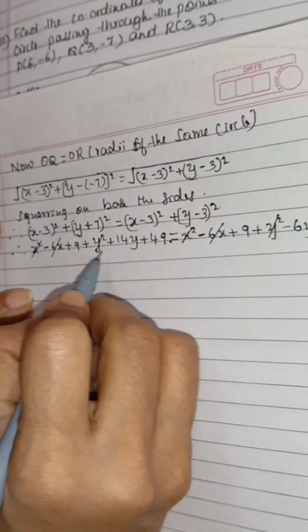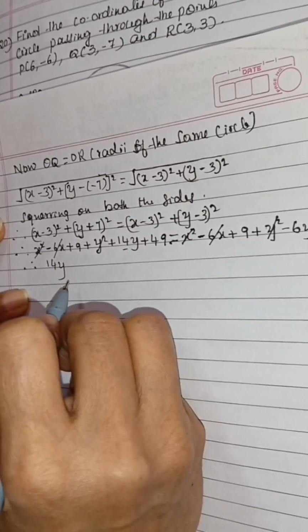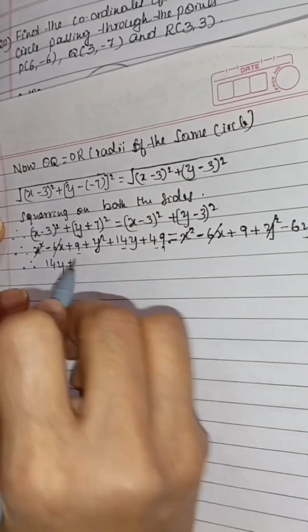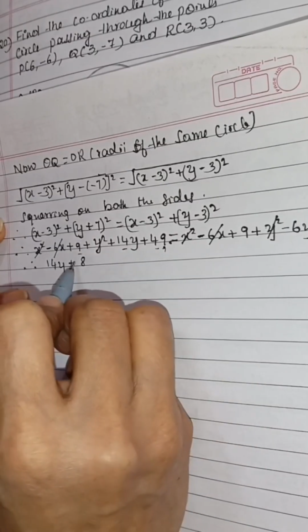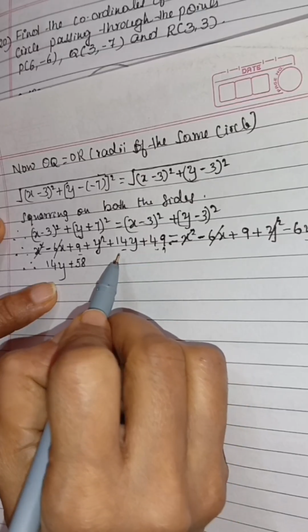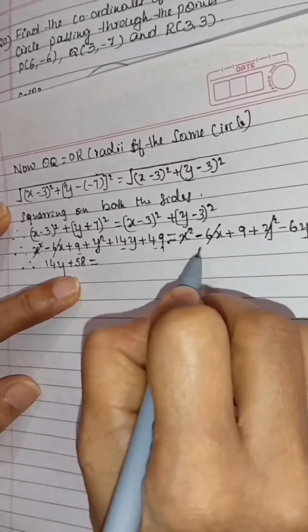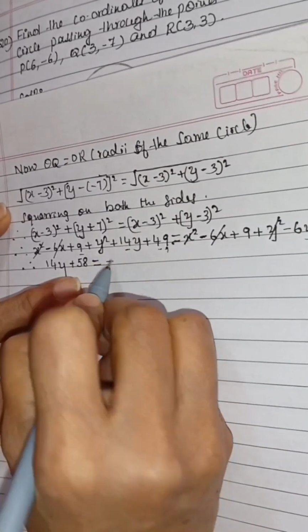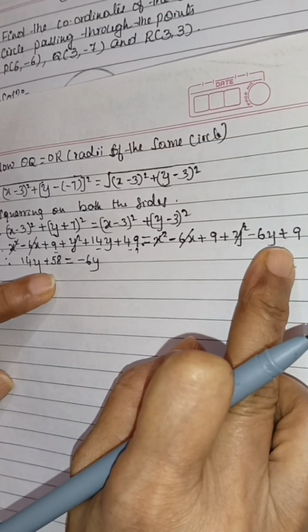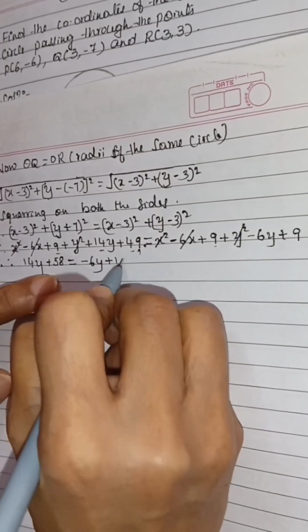Therefore remaining is 14y, now remaining 9 plus 49, 58, 14y plus 58 equal to 9 minus 6y plus 9, 18.